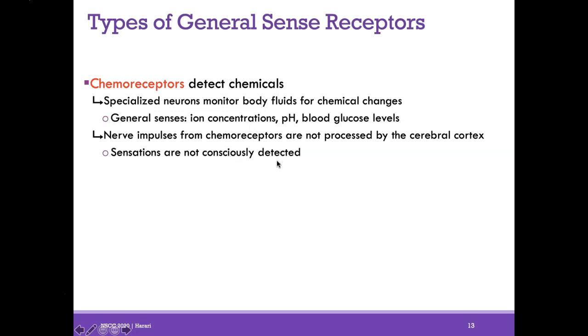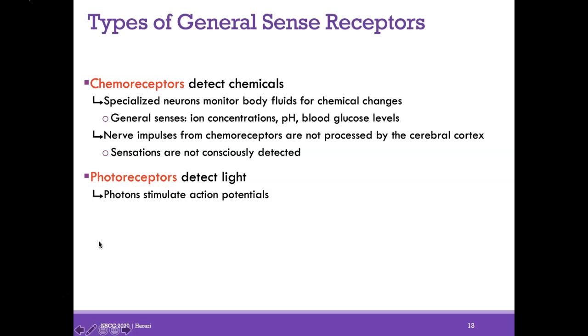We're not consciously aware of blood glucose changes or sodium concentration changes. But some chemoreceptors in our nose, for example, and our tongue can be processed by the cerebral cortex in terms of taste. But with the general, remember we're talking about general senses. So general chemoreceptors are not consciously perceived.